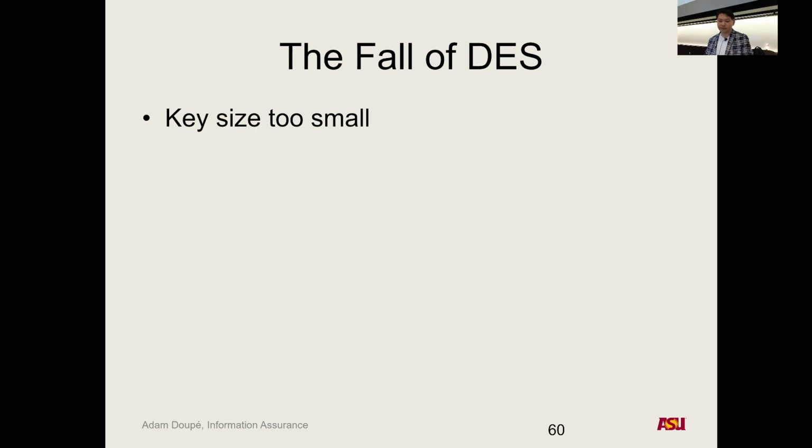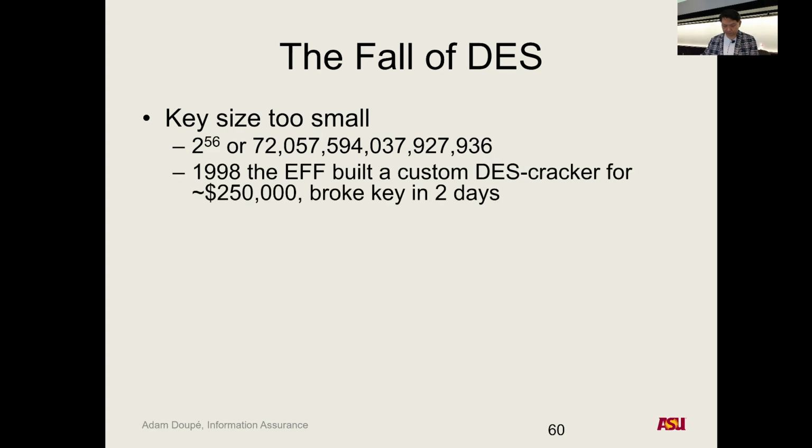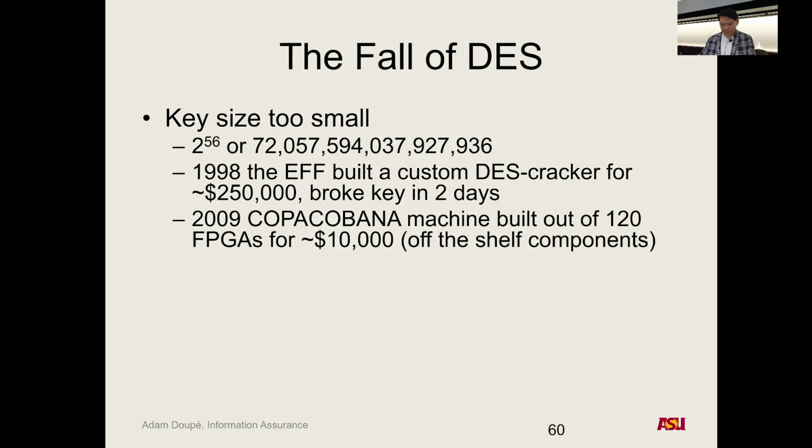The 56-bit size is not enough to protect the key. In 1998, the EFF, the name of the institution, built a custom DES cracker. The cost was below $250,000, and it broke the key in 2 days.